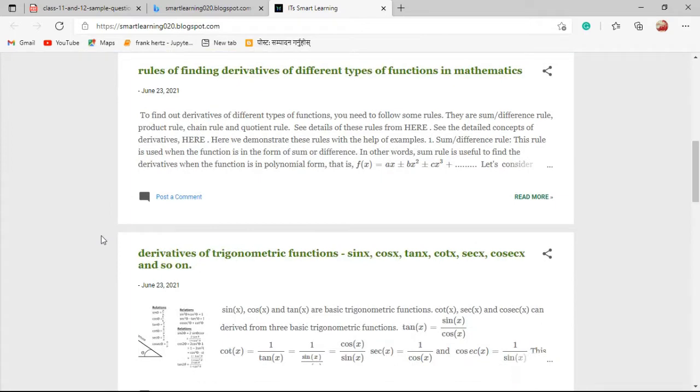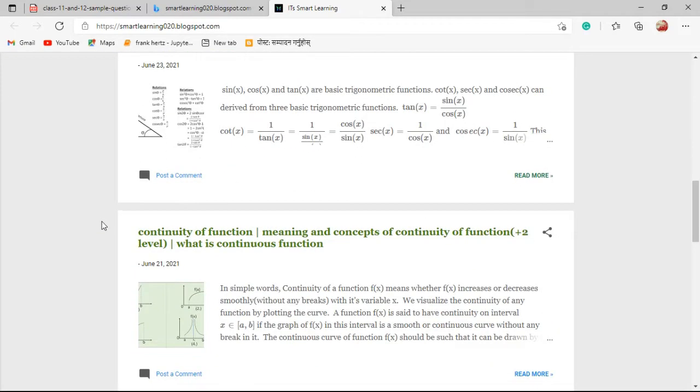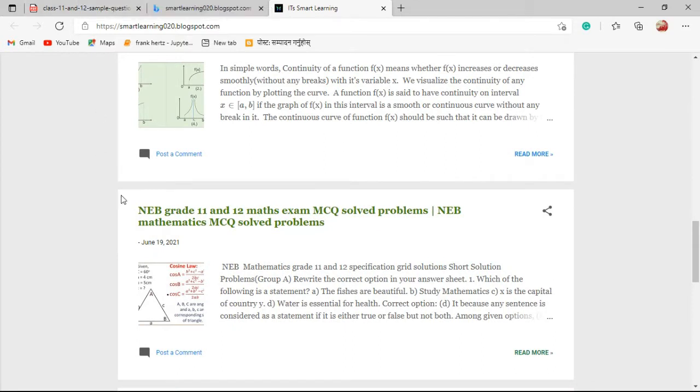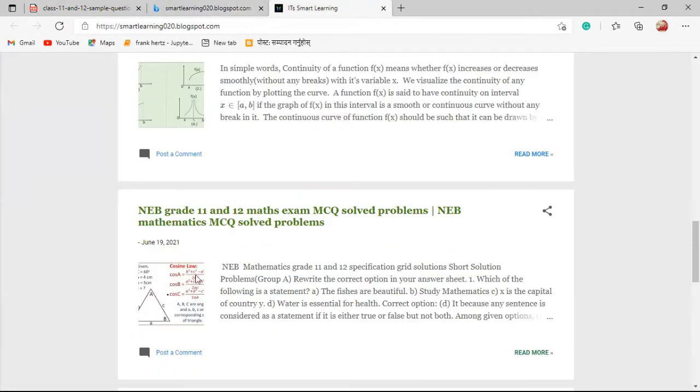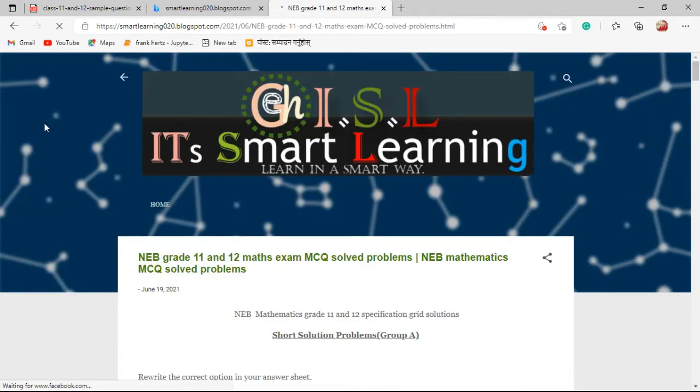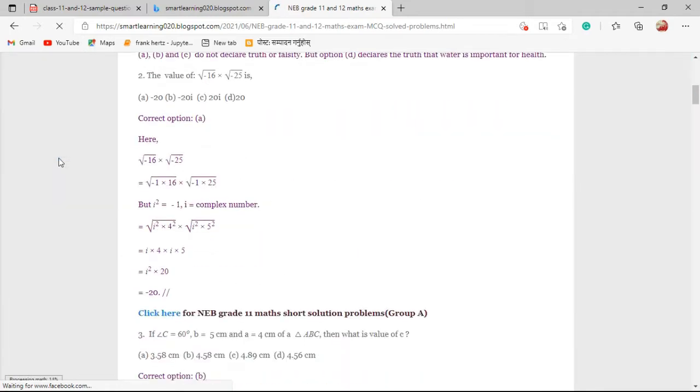The post that I have created about the solution of group A mathematics, the group A of mathematics specification grid of 2077 of NEB exam, is this one: NEB grade 11 and 12 maths exam MCQ solve problems. If you click here, I will provide the link of this site in the description. You can also visit this site from that link, and it opens like this.